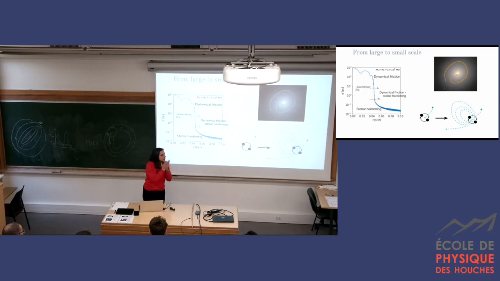And also, let me think if I can explain it in a better way. Well, yes. Let's say that you have a binary, and then you have a star coming close, and in a brief interaction the star loses energy and gives it to the binary. But then the star remains there, because its semi-major axis has shrunk, right?